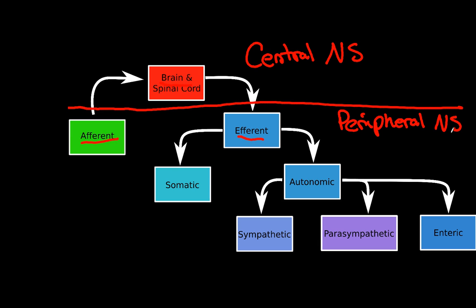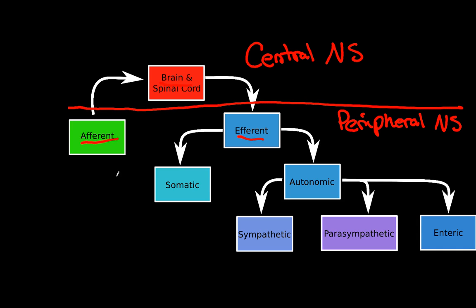So the major overarching arrangement of the nervous system is into those two major categories, with the central nervous system composed of the brain and the spinal cord, and the peripheral nervous system, which is the efferent and afferent divisions.